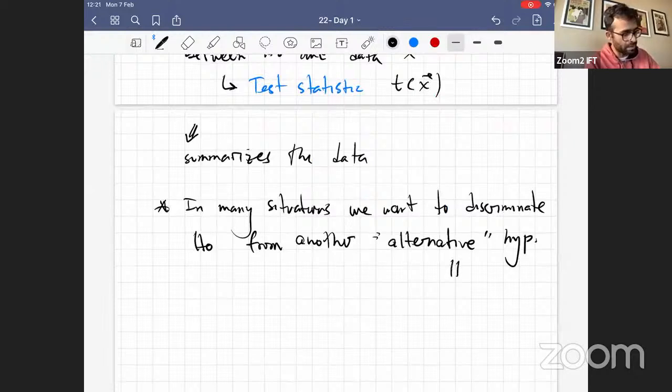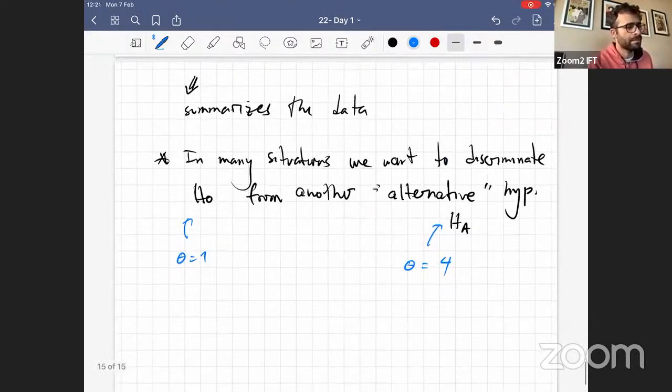We call this HA, from alternative, okay? This can refer to, for example, theta equal 1, and this can refer, for example, to theta equal 4, whatever, okay? So say my hypothesis is that the mean value is theta equal 2, and then you compare it with another hypothesis here.